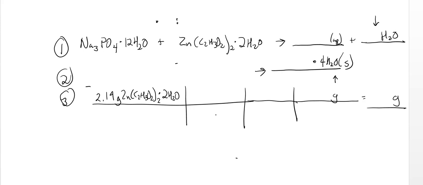The tricky part here is this. When you find the formula mass, this formula mass must include the mass of the 2 waters. When you determine the formula mass here, this formula mass must include the mass of 4 waters in order to get the correct answer.